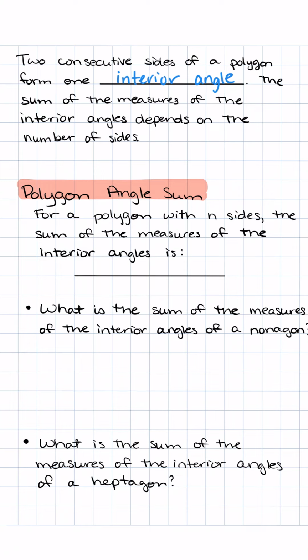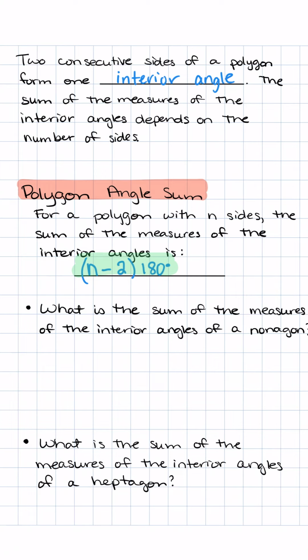So the polygon sum: for a polygon with n sides, the sum of the measures of the interior angles is n, the number of sides, minus 2, and you're going to multiply that by 180 degrees. This is what you need to know to do most of your work for today's assignment.